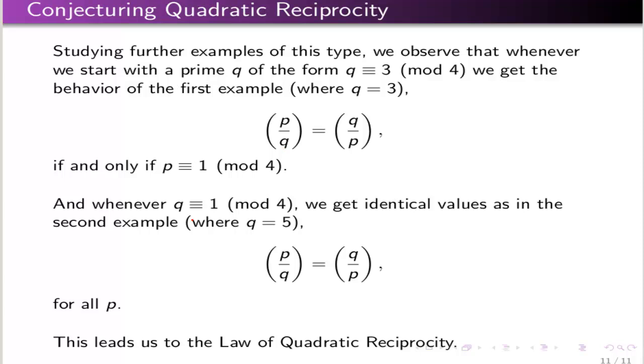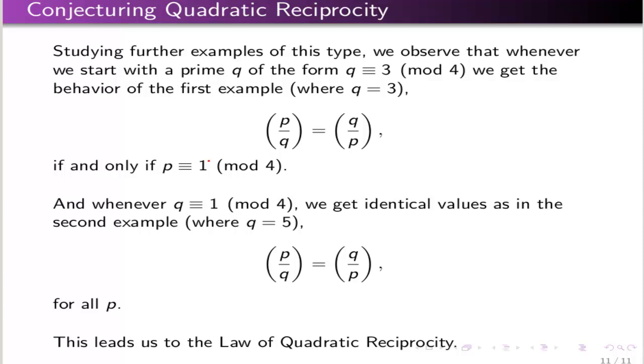And whenever we start with a prime that's congruent to 1 mod 4, such as q equals 5 in the second example, we get agreement for all values of p. So the only time that p over q would disagree with q over p is if we started with q being of the form 3 mod 4 and p was also of the form 3 mod 4.